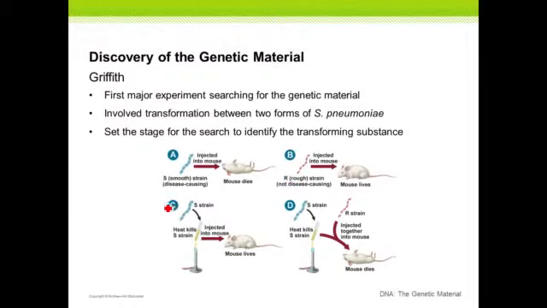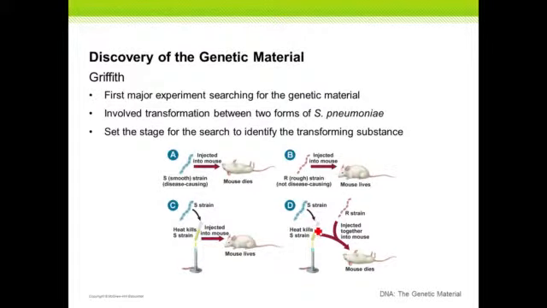Now, if you take the exact same evil bacteria and you put it with heat first, because if you remember, heat kills bacteria. It's why they always tell you to boil water and to do stuff like that, because boiling water kills things. And then you put that into a mouse, the mouse lives. But here's the weird thing. He then took the S strain, the one that would kill you, and put it under heat treatment, so that would have killed the bacteria.